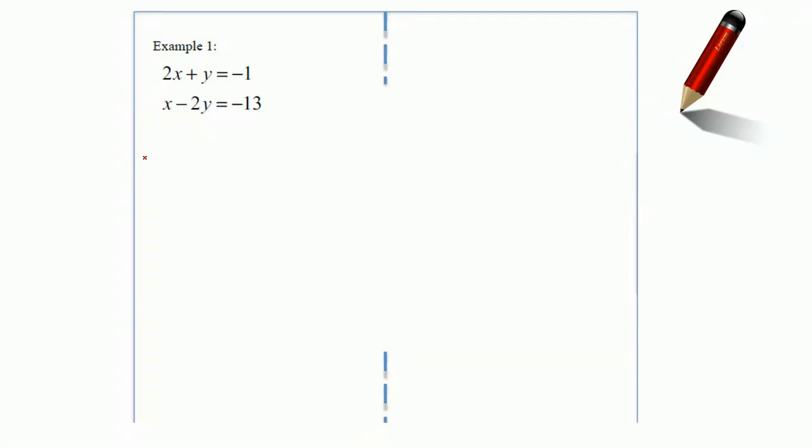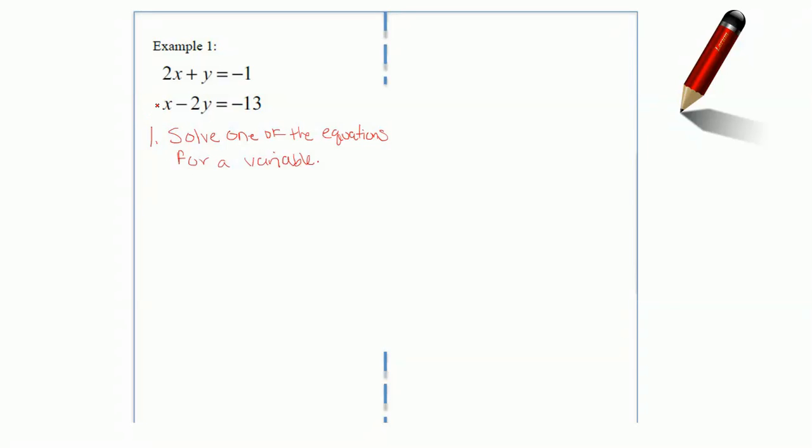So over here I'm going to write the steps you're going to want to take. So our first step is to solve one of the equations for a variable. Now, it doesn't matter if you want to solve the top one or the bottom one, but take the easy shot.